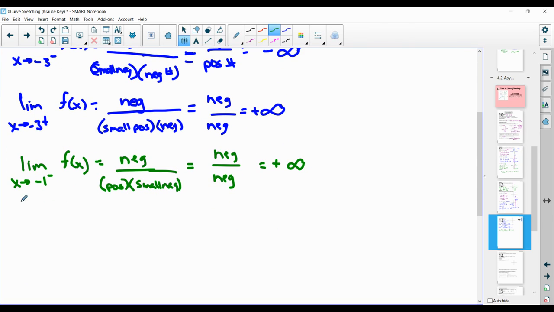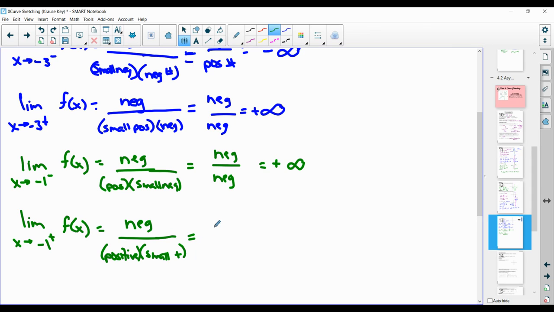If we're approaching the function from the right, so the limit as x approaches negative 1 from the right-hand side, our top number is still negative. When I plug in a number from the right of negative 1, that's going to be positive, and this one will be a small positive number.